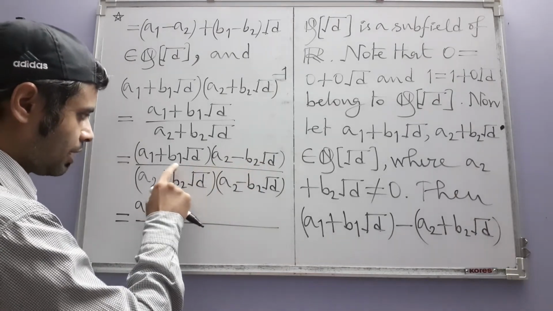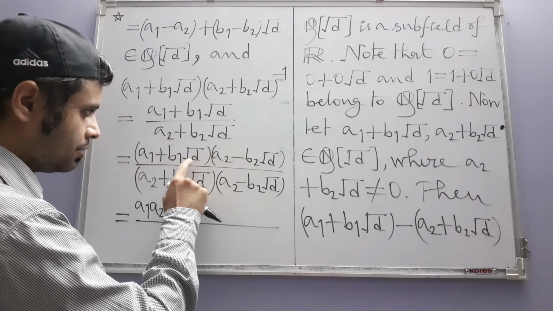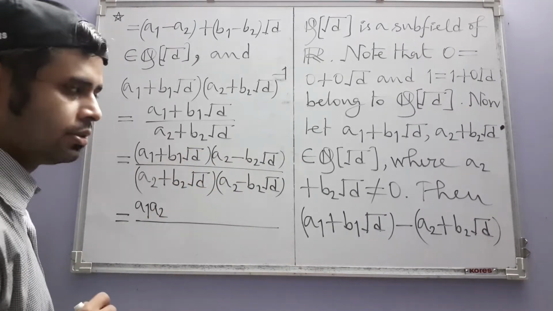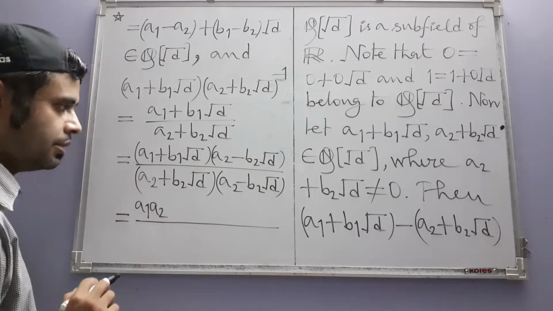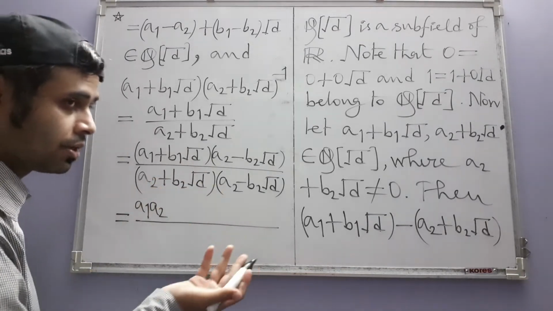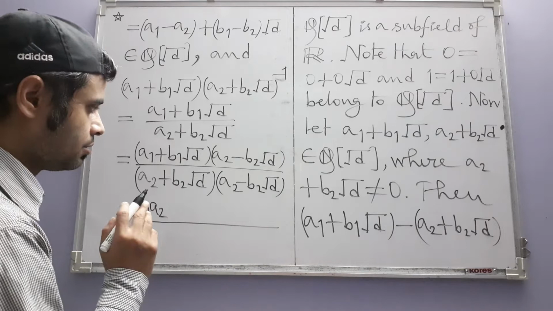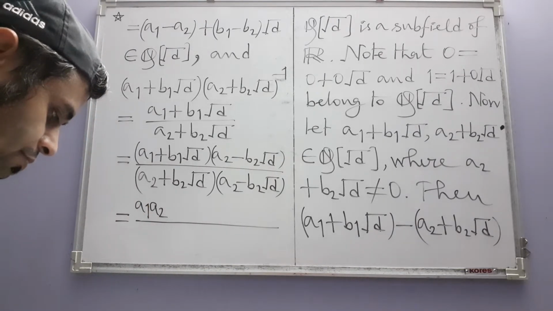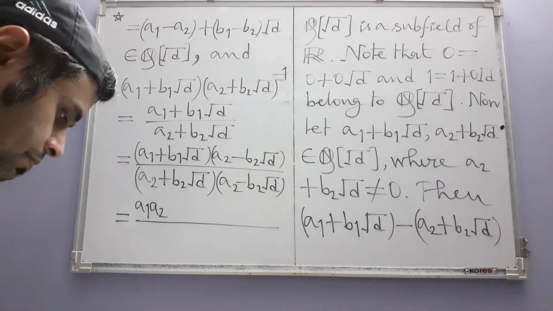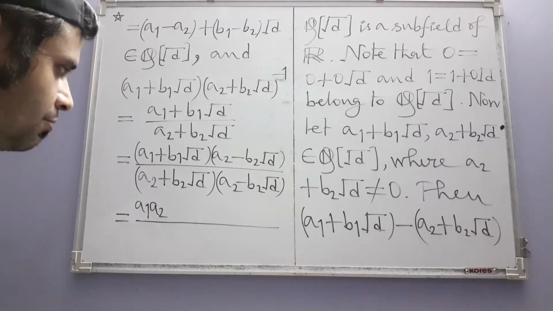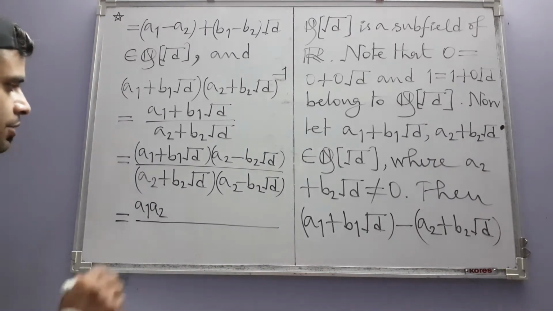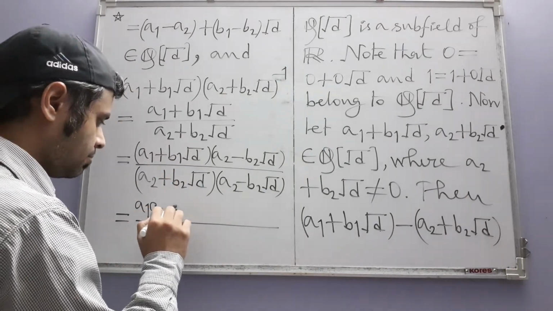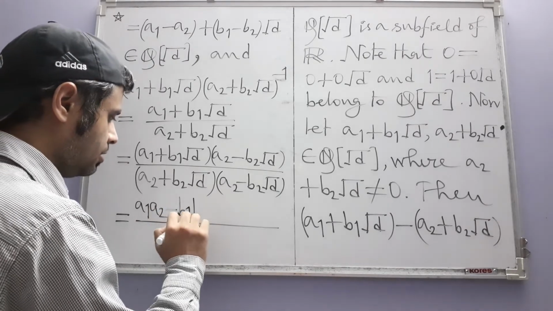Well, we won't have plus, minus B1 B2 times square root of D, because after all D is positive. Is it a positive rational number or positive integer? A positive integer. Anyway, it is a positive real number, so squaring it we would get just D.